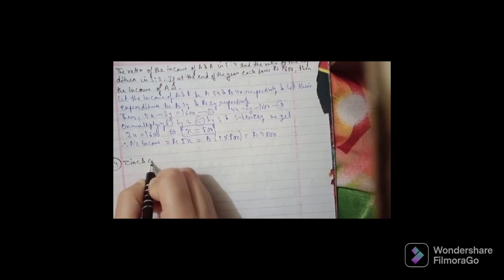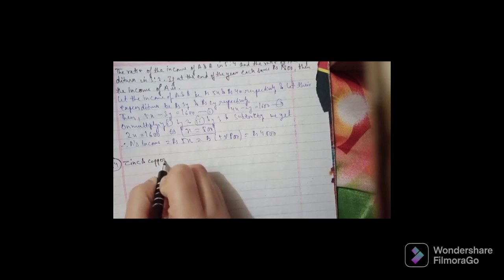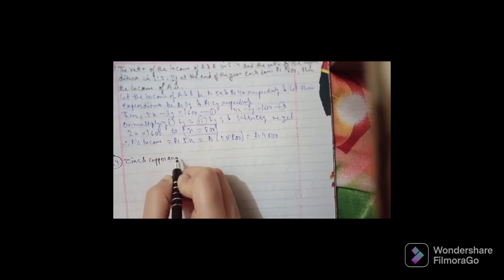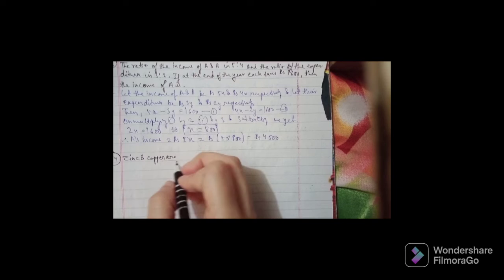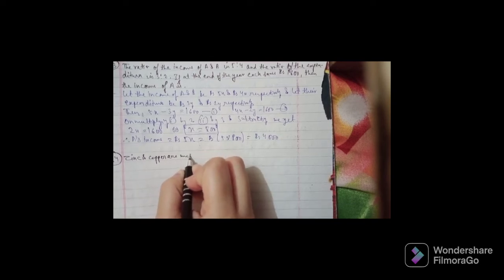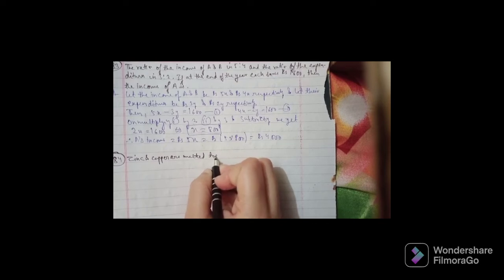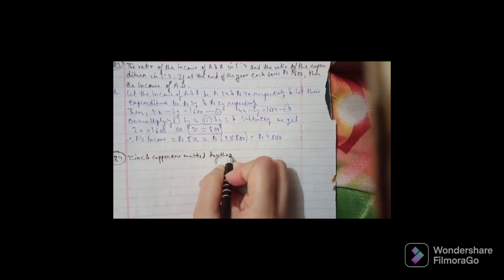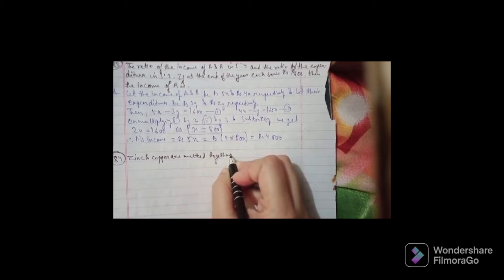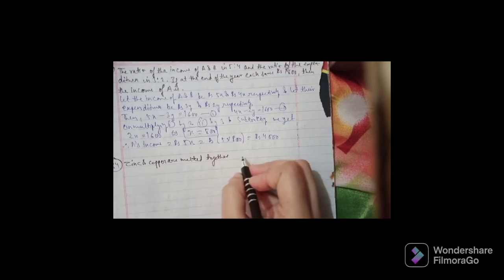Zinc and copper are melted together in the ratio 9:11.